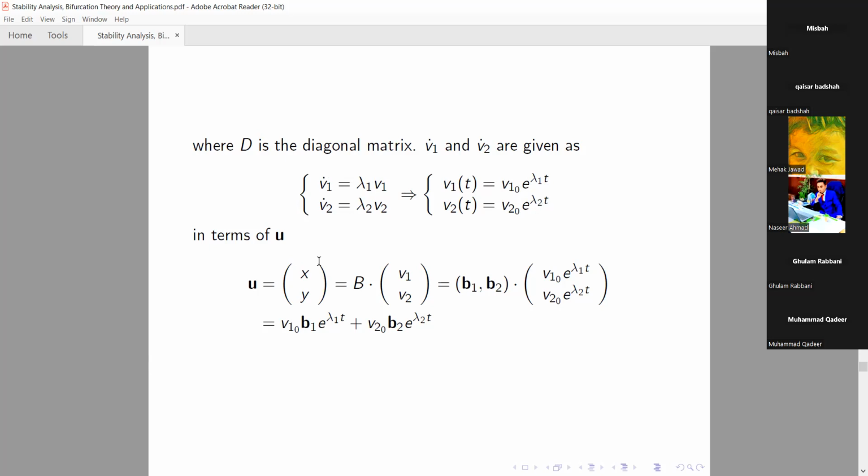Now rewriting this back in terms of u, u equals B times (v1, v2). We know what B is and we know what v1 and v2 are, so we have the full equation in terms of u, where v1 naught and v2 naught are effectively the initial conditions, the seeds that we were talking about.